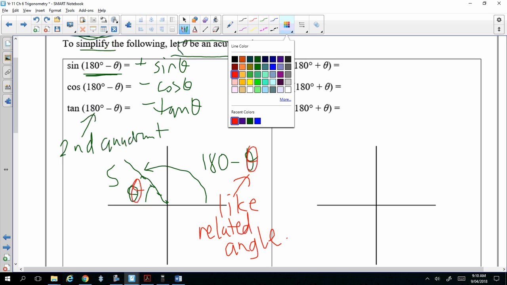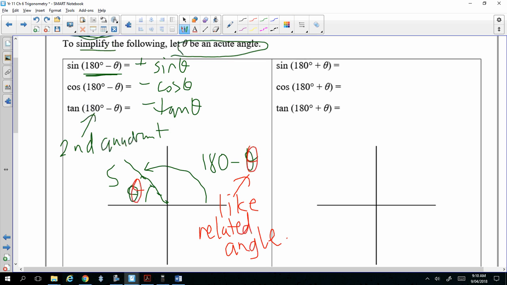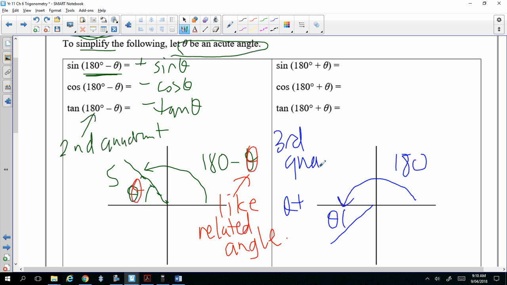Okay, how about 180 plus theta? Well, think of 180, and then if you add theta, it ends up in the third quadrant, isn't it? And in the third quadrant, which one is positive? Tan. So everything else is negative.